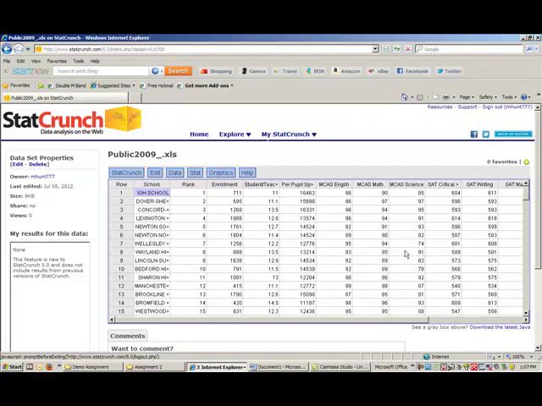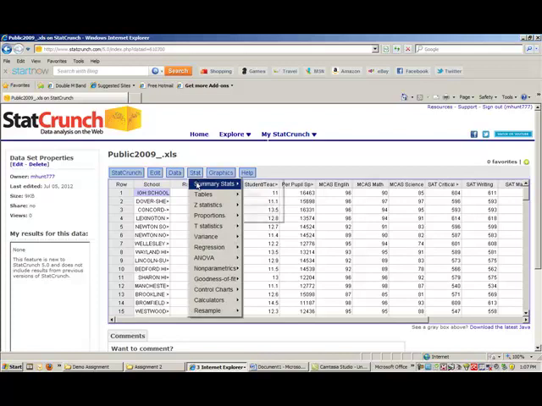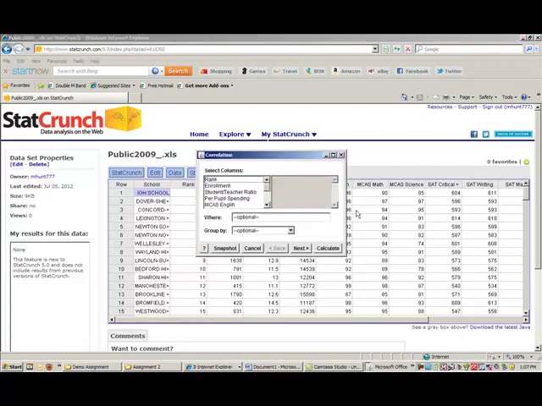So suppose we wanted to explore some correlations. We would go under Stat, Summary Stat, and then pick Correlation. Suppose we wanted to see the correlation between the total enrollment, the student-teacher ratio, per pupil spending, MCAS English, and perhaps the graduation rate.